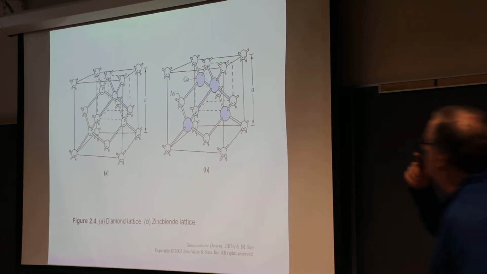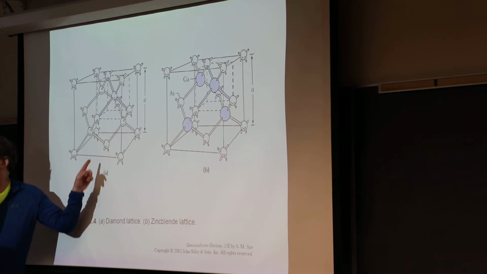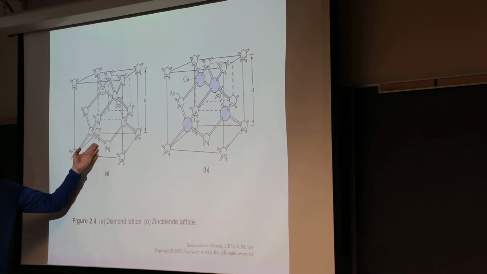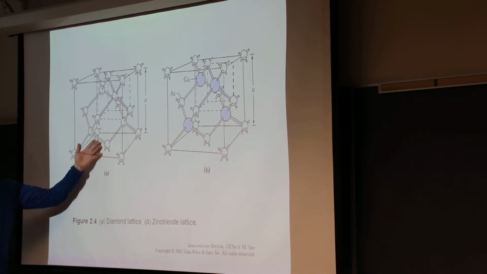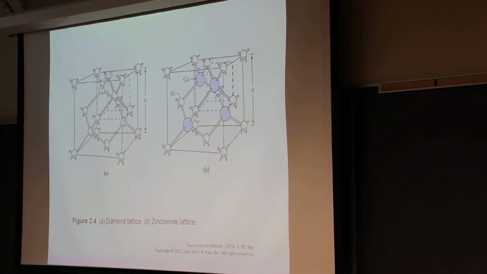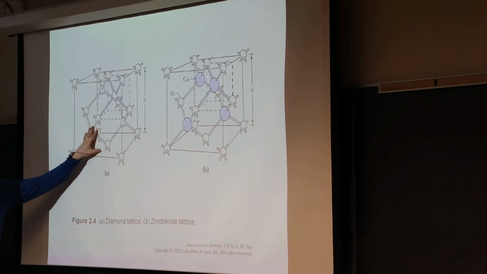Maybe this is the better one. So here's an example. What semiconductor would be representative of this? Silicon and germanium, yeah. These are the elemental ones, where it's all one type.